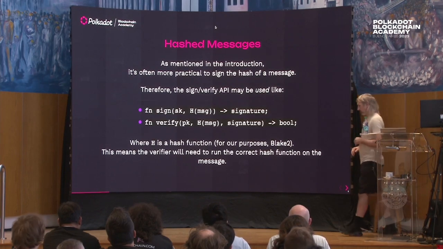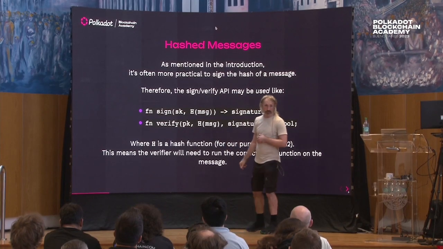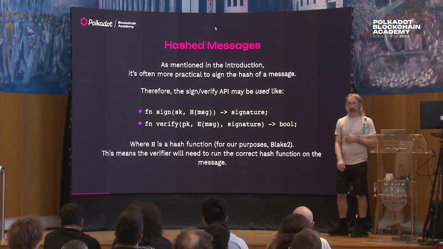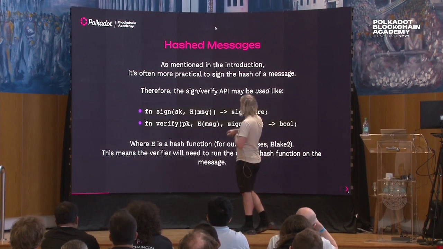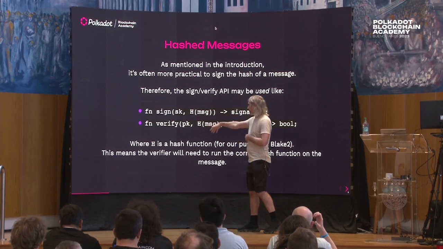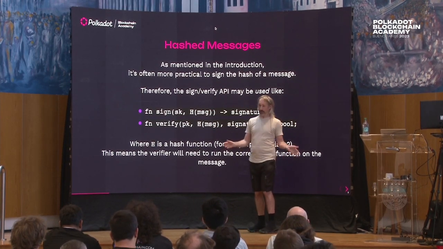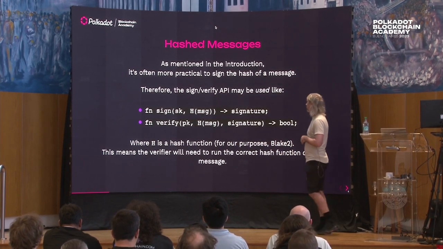As I said before, some public, private key, asymmetric crypto, digital signature systems require a fixed length message, 32 bytes often. I think that's the case in ECDSA. Therefore, when we've got arbitrary sized messages coming in, or indeed any message that might not be 32 bytes, we're generally going to hash it first.